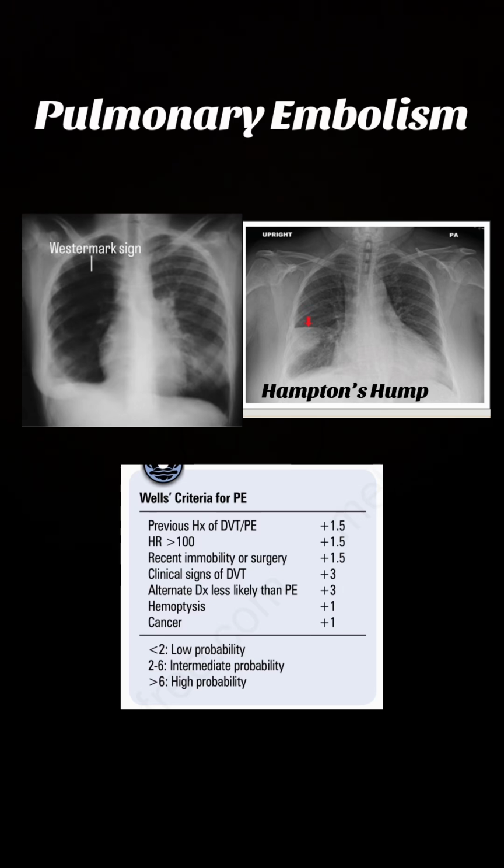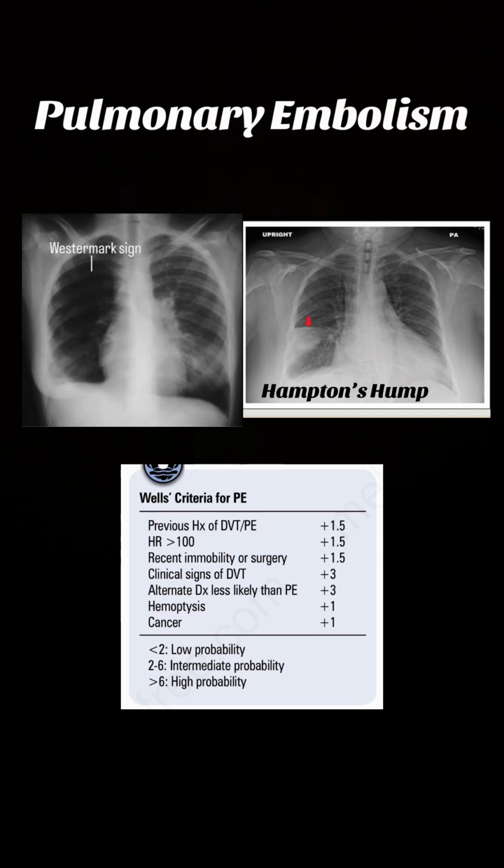Okay, it should be more than 4 to go for a diagnostic test. It's divided in this way: 3, 1.5, and 1. 3 points for any of the following: if the patient has clinical signs of deep venous thrombosis, or if alternate diagnoses are less likely than pulmonary embolism.